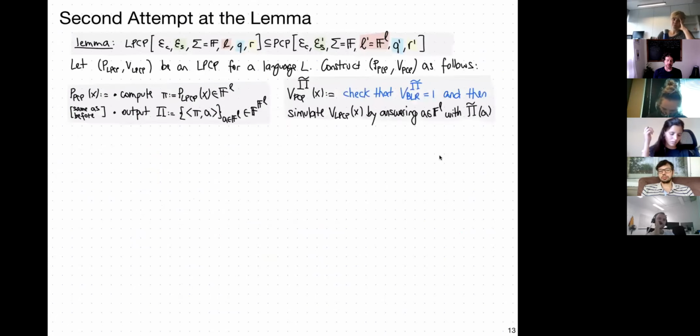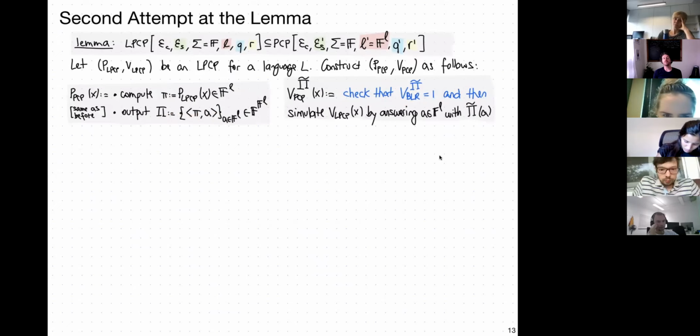We'll start with the PCP. And that's exactly what Shattuck suggested. So the prover will be exactly the same as before, only now we'll check that whatever the prover sent us actually passes the BLR test, our linearity test.